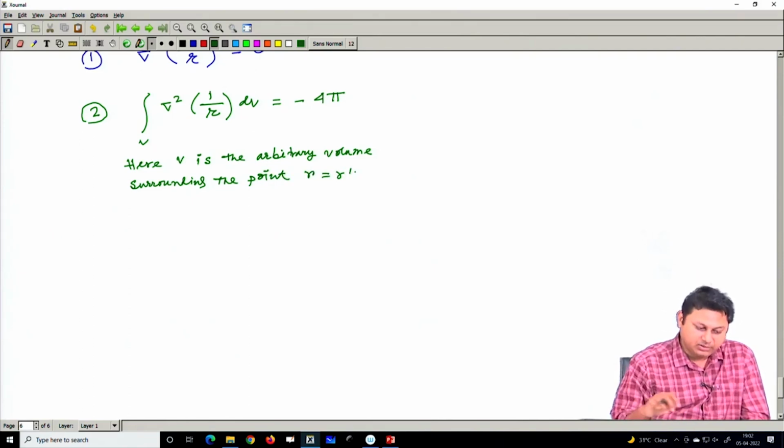So, V is the arbitrary volume that is surrounding the point r equal to r prime.